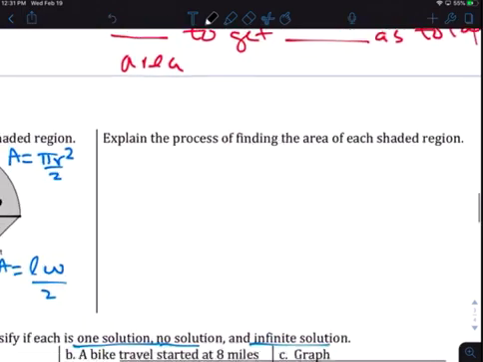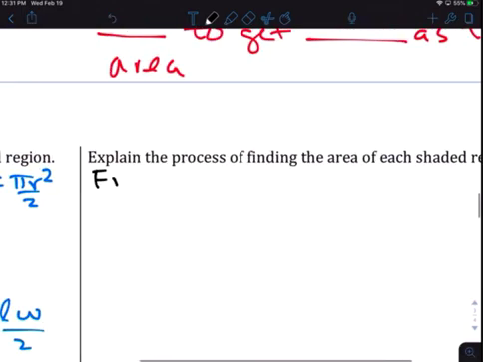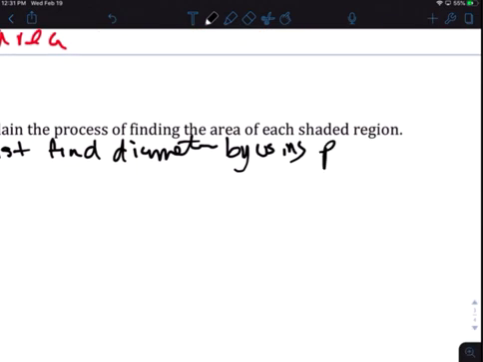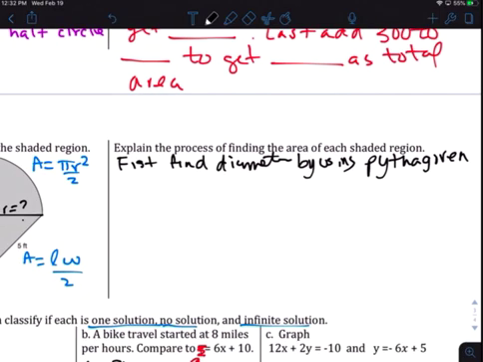First, find the diameter by using the Pythagorean theorem.